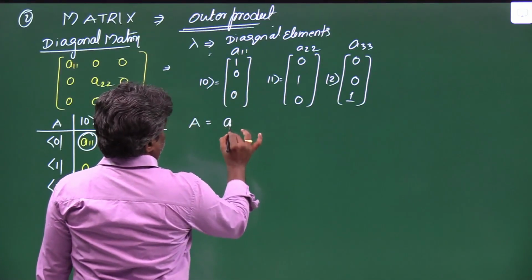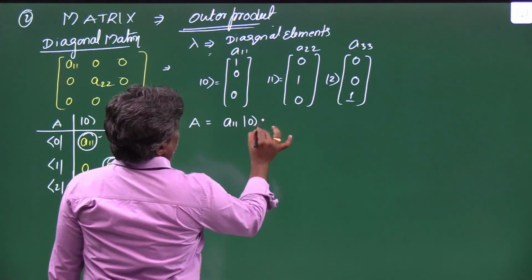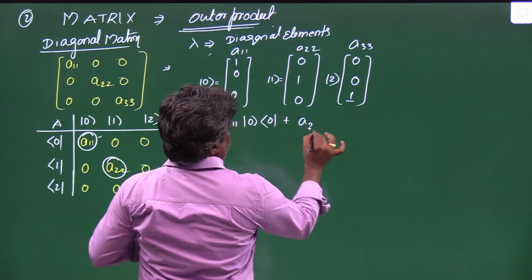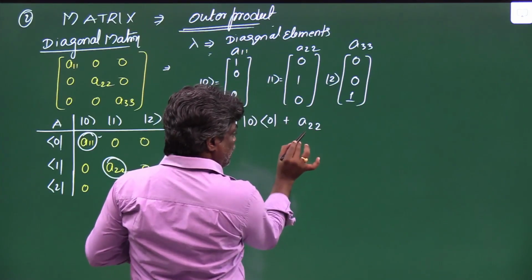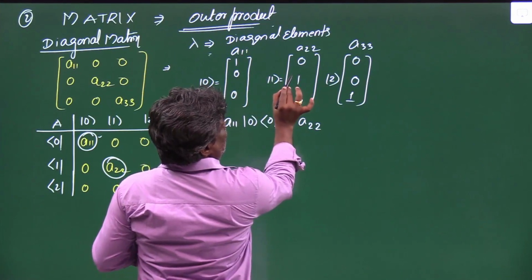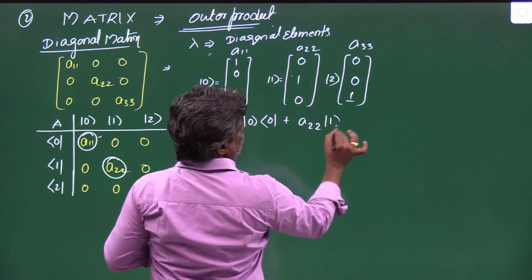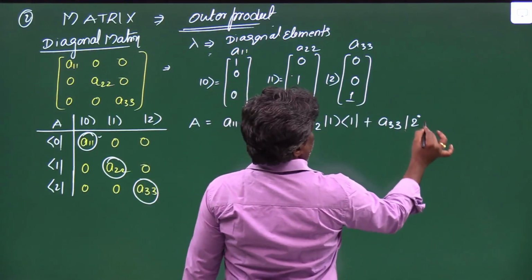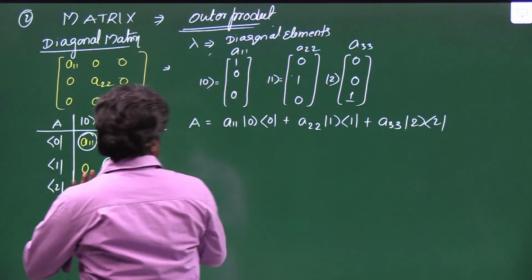That means A11 outer product corresponding to its basis, I mean its eigenstate. A22, this is the eigenvalue, its corresponding eigenvector is this one, outer product, plus A33, and this is 2, 2. Am I right? This one you got.